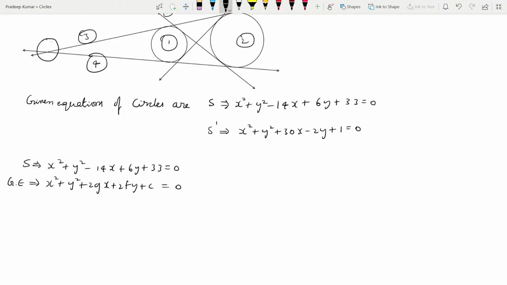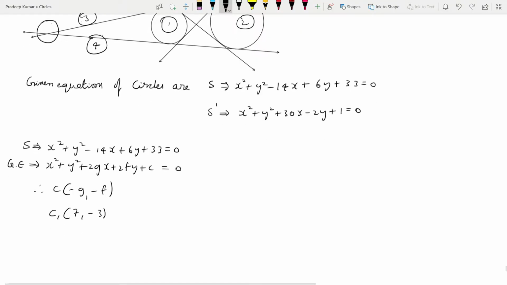To get the center of the circle, we compare with minus g comma minus f. So for this, I'm getting the first center as 7 comma minus 3.